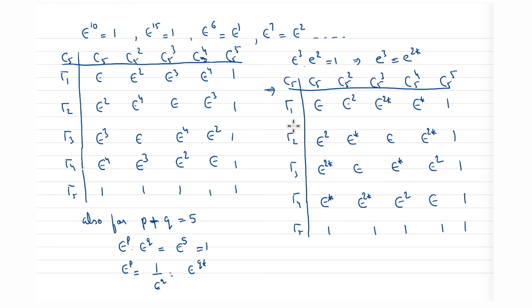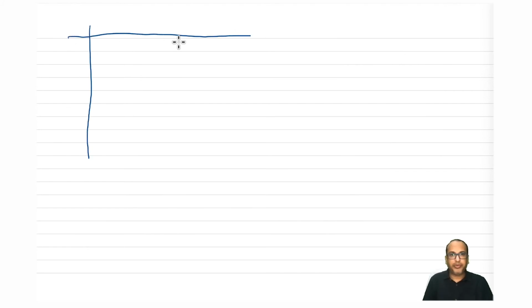So what I'll do is I will just rearrange this in terms of rows only. And this gets really interesting after this. C5, C5 square, C5 cube, C5 4, C5 5.